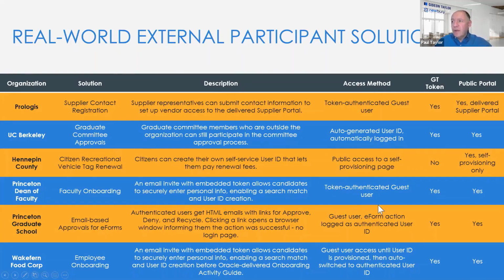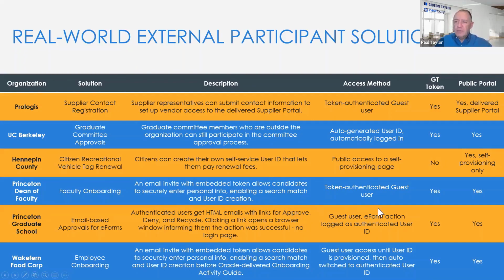And there are other places where they never do, like here at Princeton, we're letting faculty onboarders, candidates who are coming on to be faculty members at Princeton, get a link and an invitation to securely enter their personal information, and they don't have to ever give that over the phone or over email.